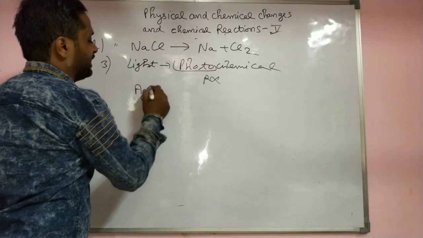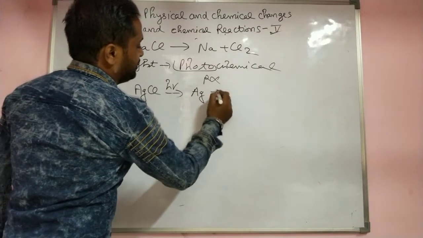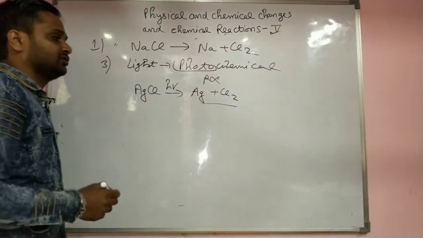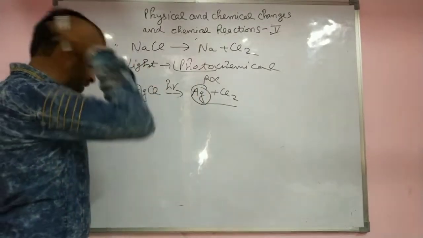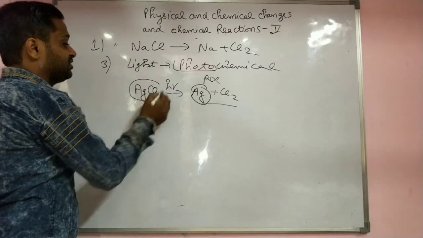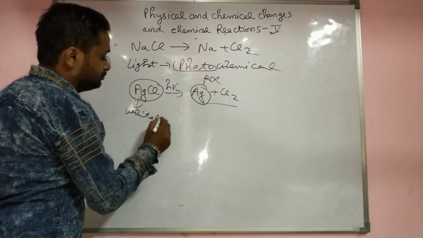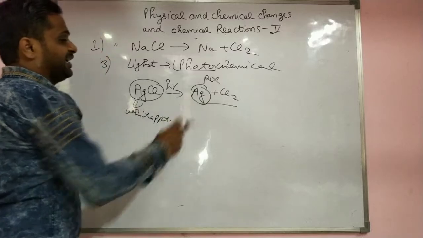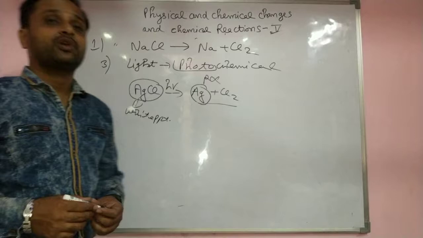Any silver chloride salt in the presence of light gives Ag plus Cl2. AgCl is a white precipitate, and silver is grayish in color, and these are used in photography.